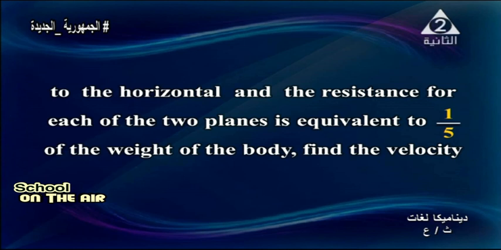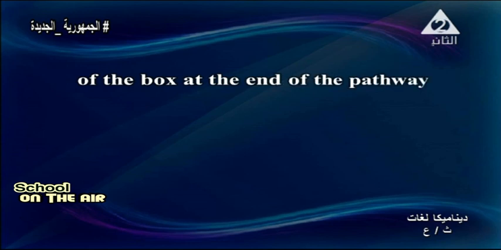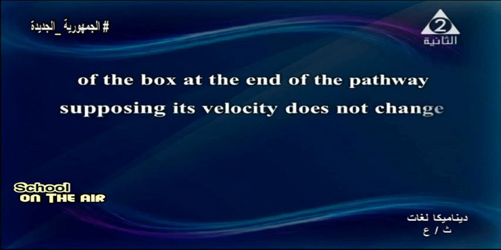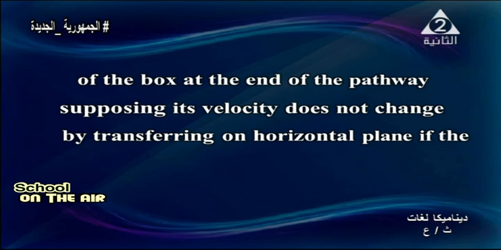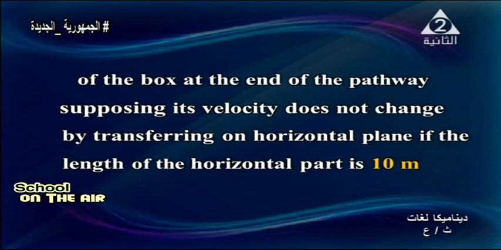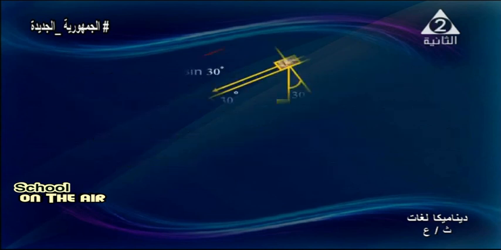Find the velocity of the box at the end of the pathway, supposing that its velocity doesn't change by transferring on horizontal plane if the length of the horizontal part is 10 meter.